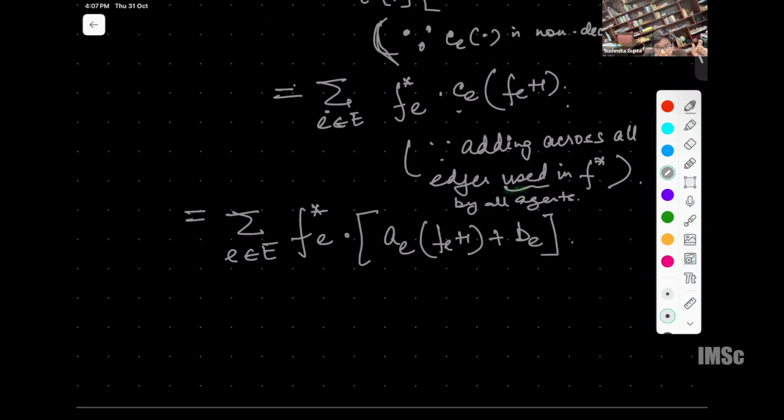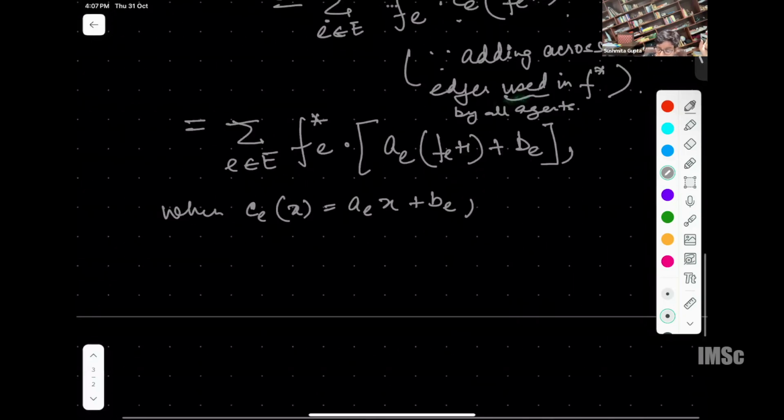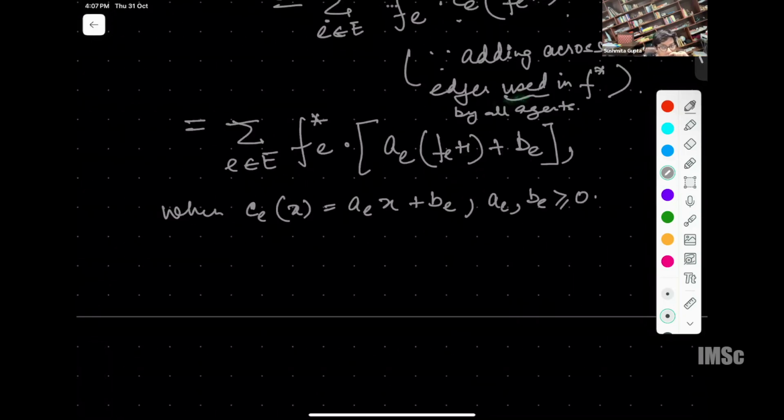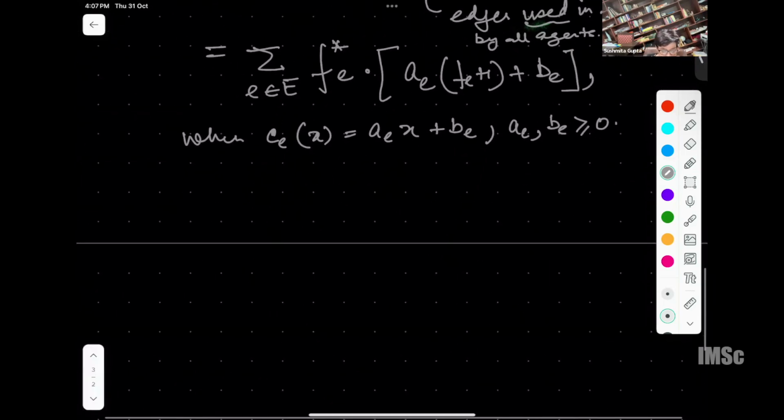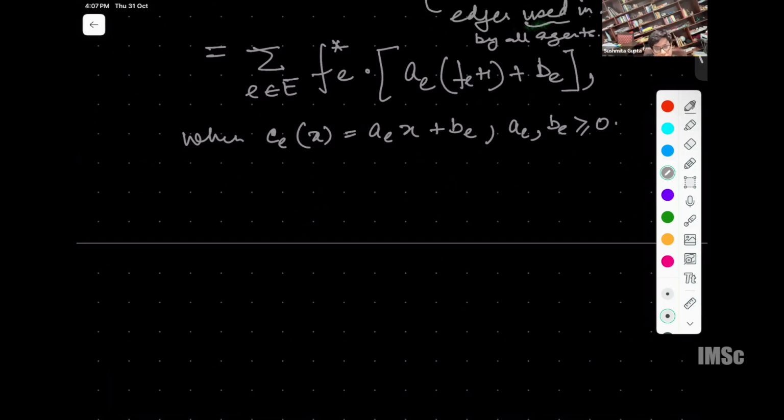Correct? Where c_e(x) is, let's say, a_e x plus b_e. So what this means is that a_e and b_e as constants can vary edge to edge. Okay. So now, now what?